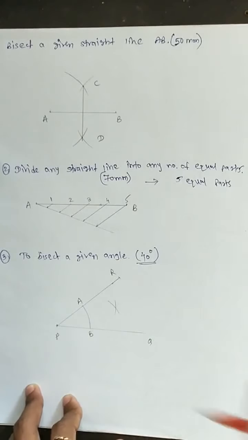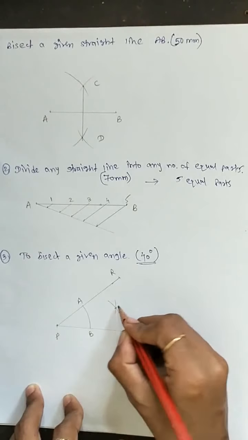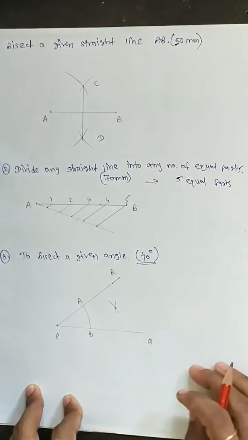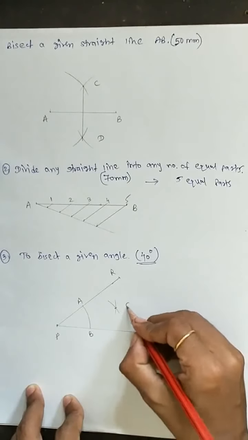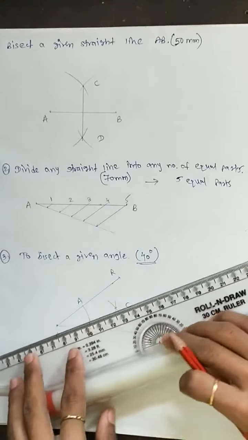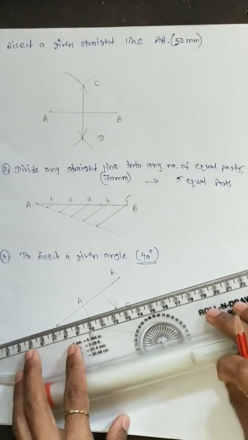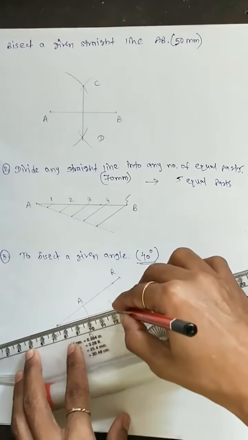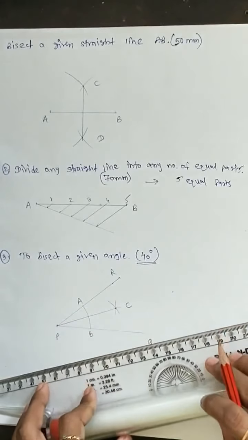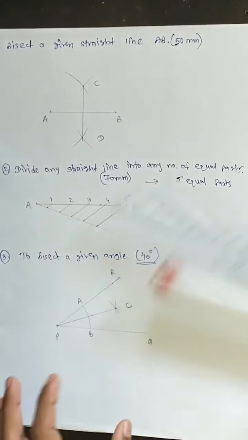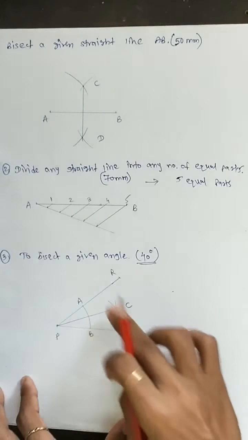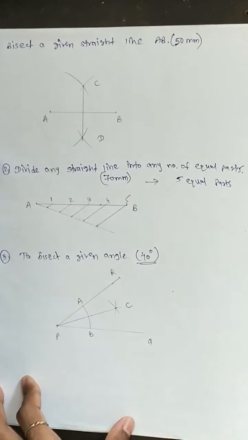So this point we have got, and give name to this point as point C. And now join PC line. So this is the bisected angle which we can measure.